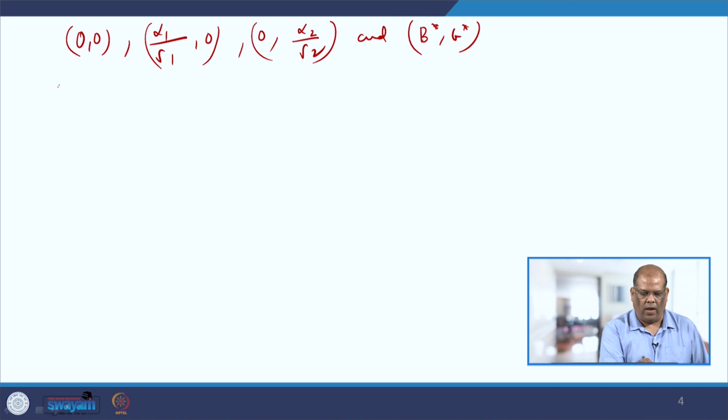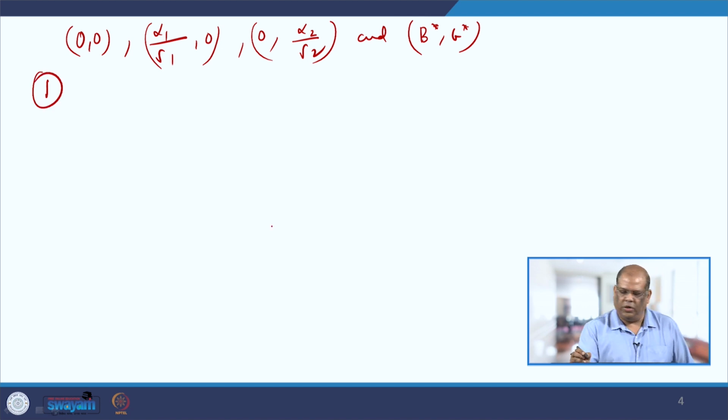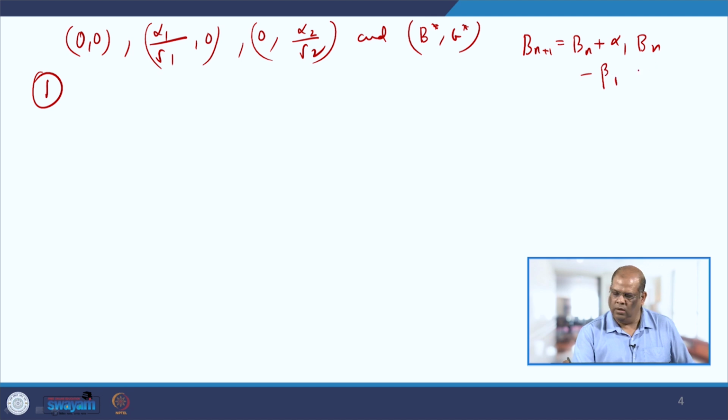Now, your equation was in the form B n plus 1 equal to B n plus alpha 1 B n minus beta 1 B n G n minus gamma 1 B n square. So, you take this function in the form of say f1, which is b plus alpha 1 b minus beta 1 bg minus gamma 1 b square.